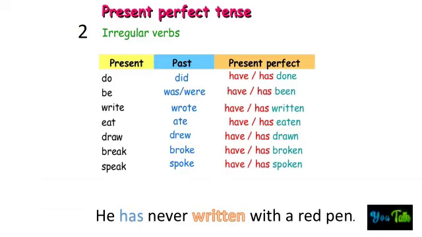Write, wrote, written. Eat, ate, eaten. Draw, drew, drawn. Break, broke, broken. Speak, spoke, spoken. And we have many others. An example: he has never written with a red pen, from the verb to write.